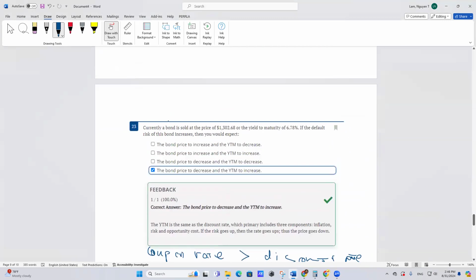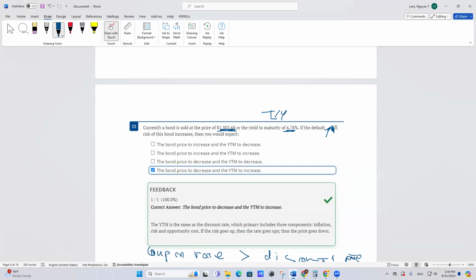Okay, let's go through this. I'll give you some intuitions to make it easier. The bond is sold at a price with a discount rate of 6.67. If the default risk of the bond increases, what is the default risk? Let's say that the risk of failing is increasing.